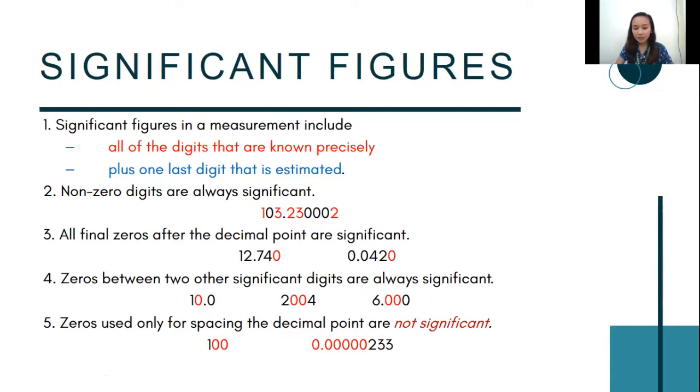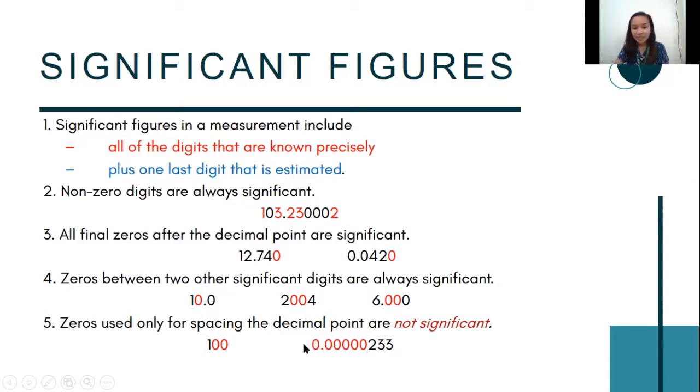Another one is this example. You have here 6 zeros before the non-zero digit. So only the 233 is the significant number here. So the zeros here before these numbers are not significant, unless a non-zero digit is before it.